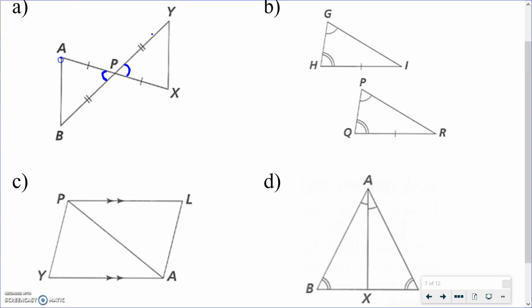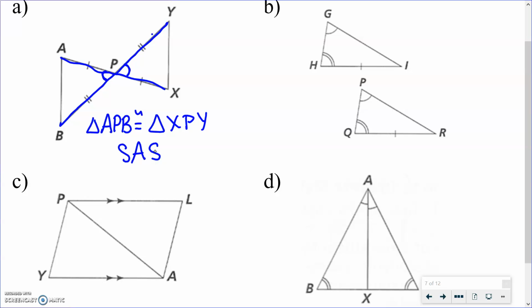So now I have a side, an angle formed by these two sides. So side angle side and side angle side. And so these two triangles, triangle APB is congruent to triangle XPY by side angle side.